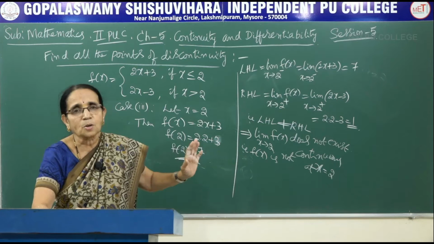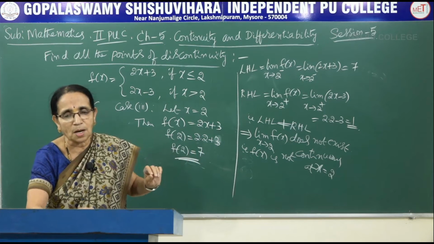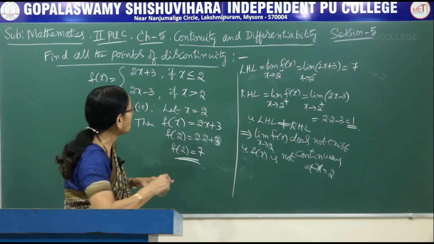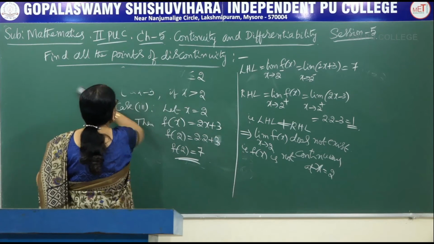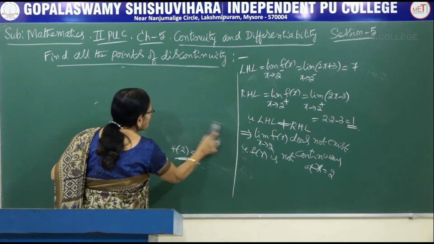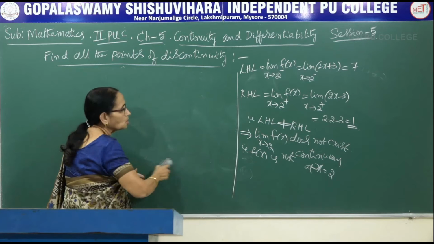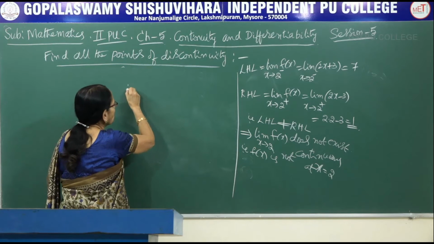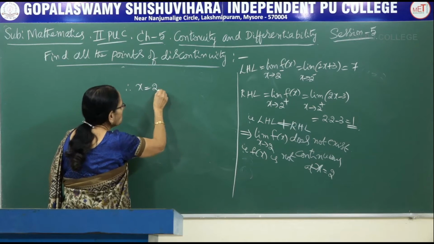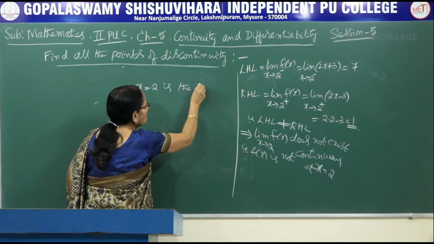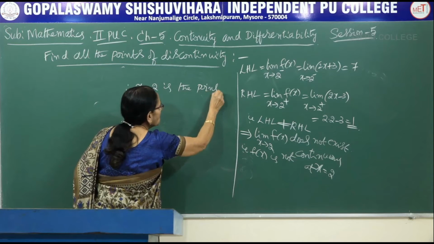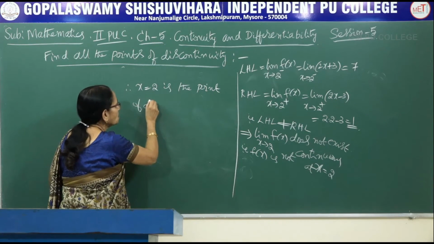But here I am asking you to find the points of discontinuity. Therefore, while writing the conclusive sentence, you have to write like this: we have seen that at x equal to 2 it is not continuous, therefore x equal to 2 is the point of discontinuity.